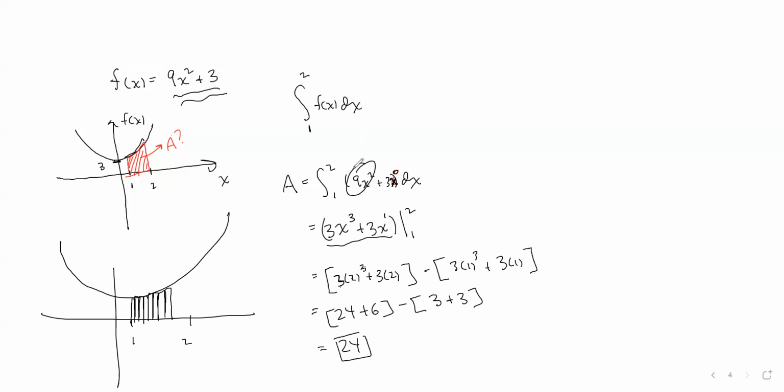Each rectangle has a height equal to the function, 9x squared plus 3, and a width equal to dx. And we're integrating. We're adding up the areas of all those rectangles in order to get the true perfect area under the curve.